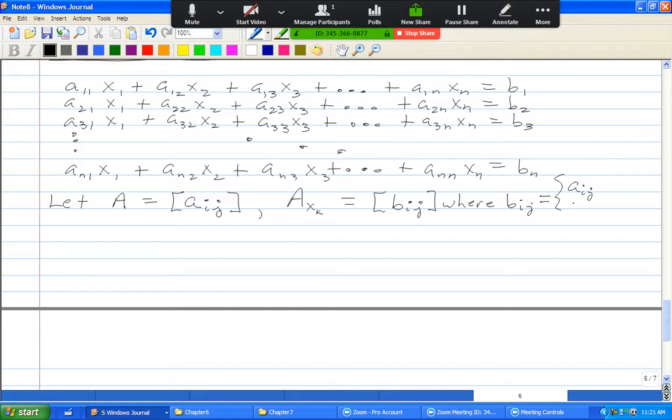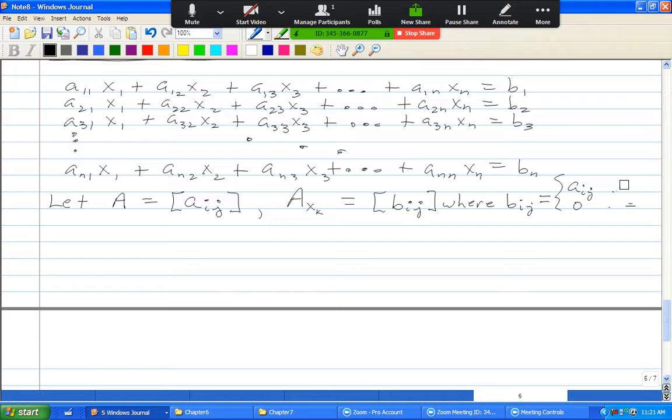Where if j is not equal to k, and if j is equal to k.